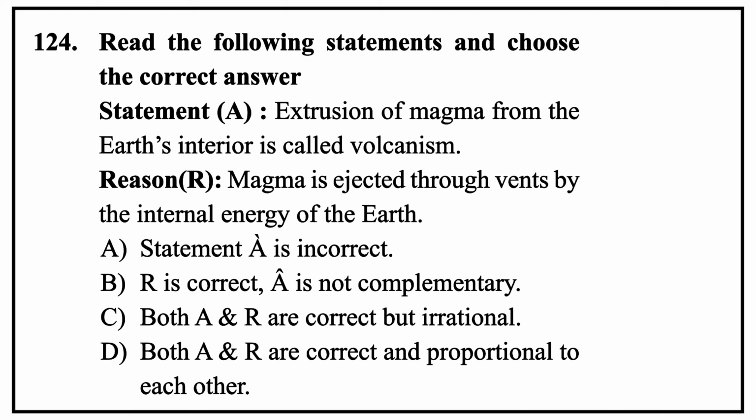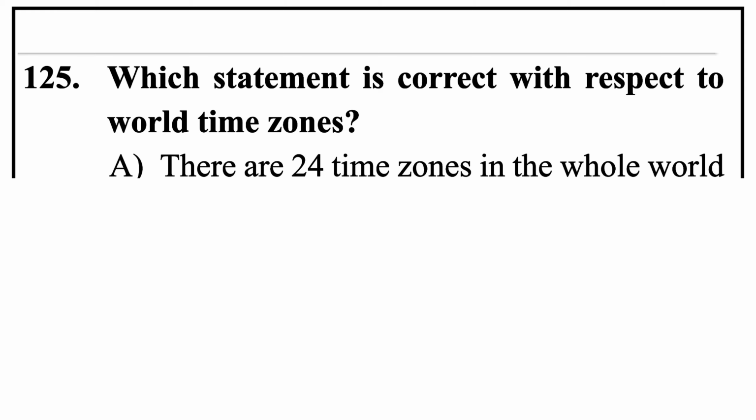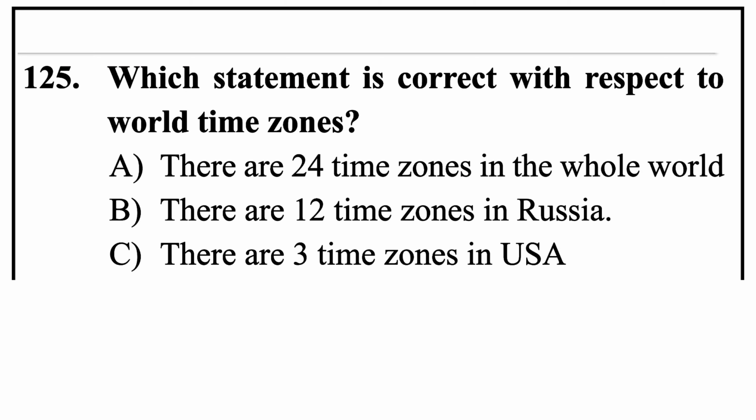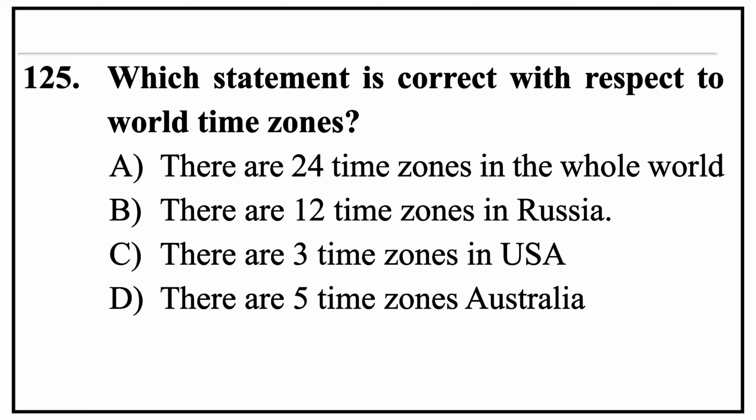125th. Which statement is correct with respect to the world time zones? Option A. There are 24 time zones in the whole world. B. There are 12 time zones in Russia. C. There are 3 time zones in USA. D. There are 5 time zones in Australia. Here is the answer.